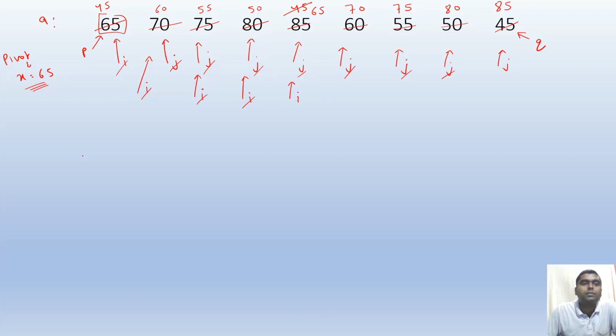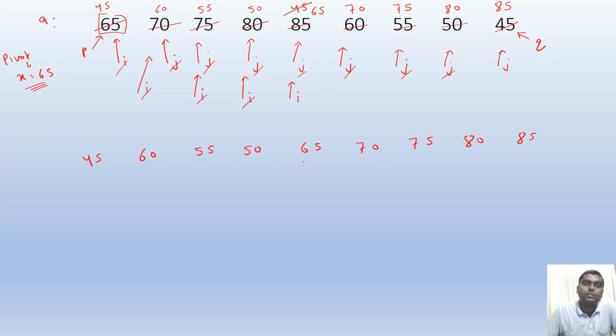So what are the updated values? First value is 45, next value is 60, then 55, then 50, and then 65, then 70, then 75, then 80, then 85.